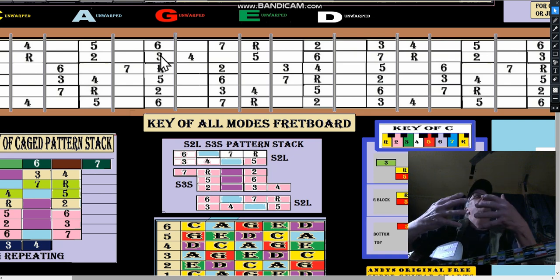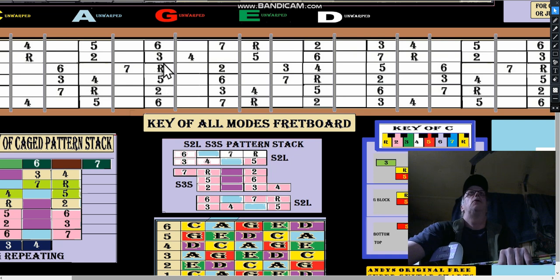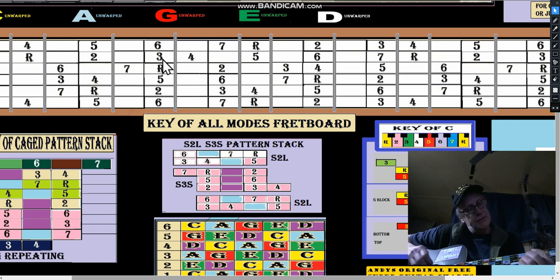So CAGED shares notes. The A chord shares, okay, this is the A-shaped C. We're saying this is in C, so that would be G, C, and E. In the A shape, C has the same notes as G, C, and E in the G-shaped C. Okay, so here's the A-shaped C, and then I take it to the G-shaped C, and I have to make those notes.